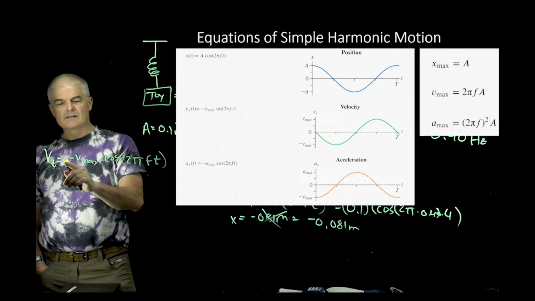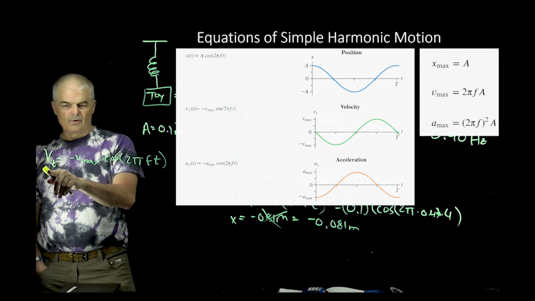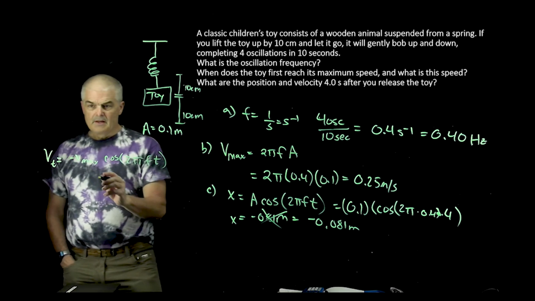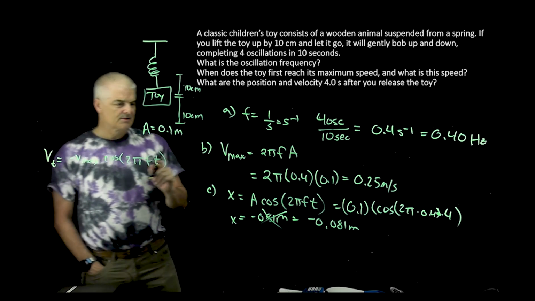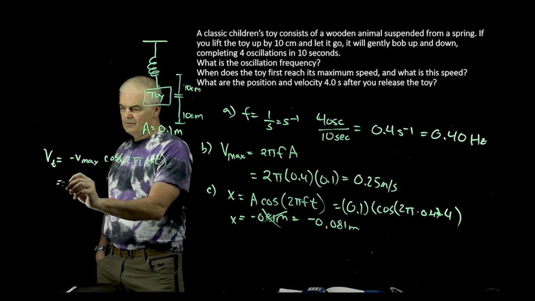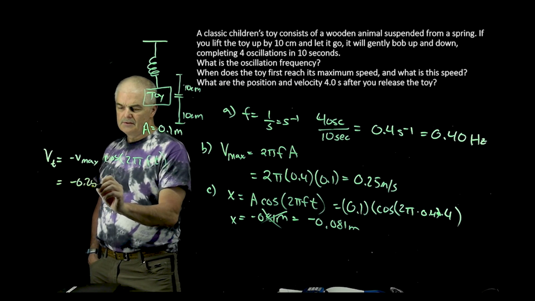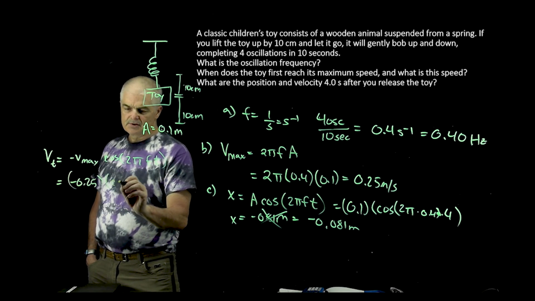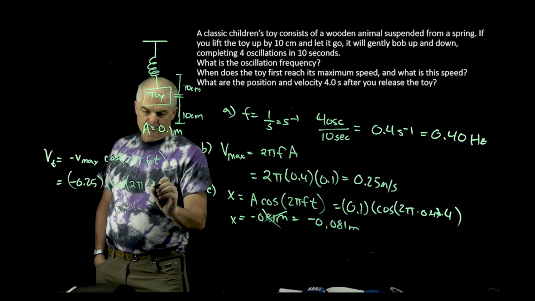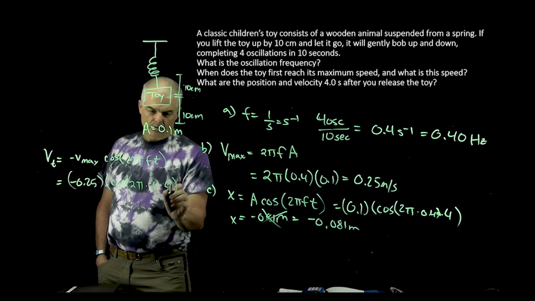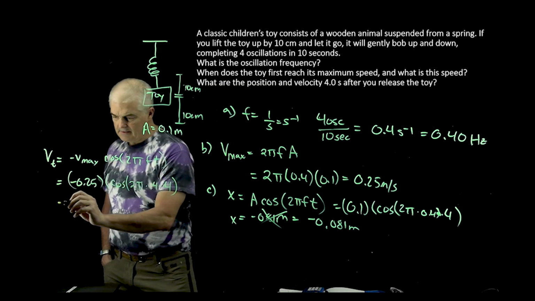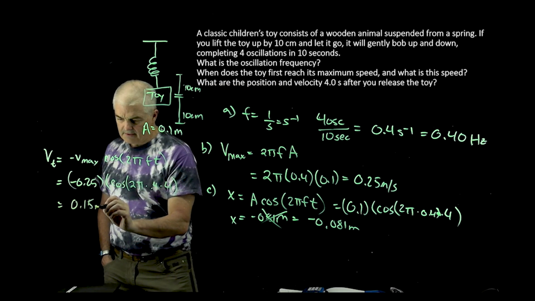In this case, we are solving for the velocity, so we're just going to plug in everything we have here. The Vmax is 0.25, so this is equal to negative 0.25 times the cosine of 2 pi times 0.4 times 4. And what I get there is V equal to 0.15 meters per second.